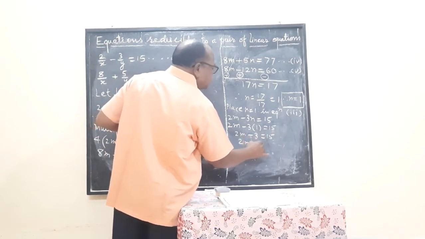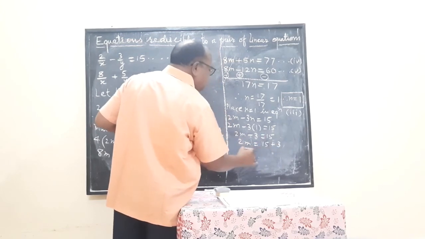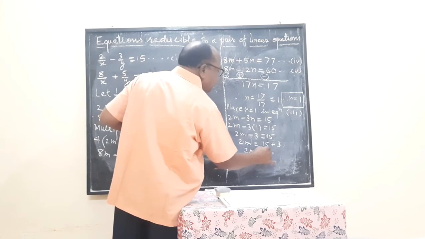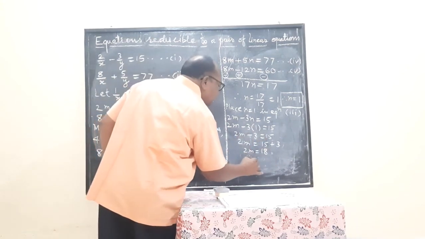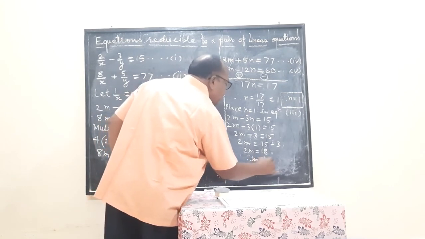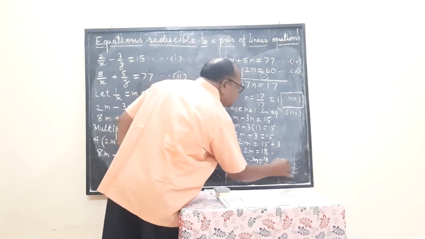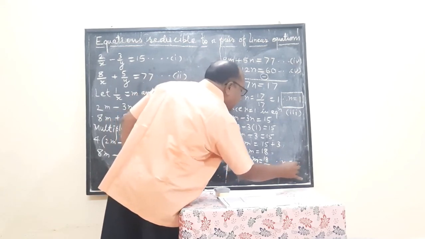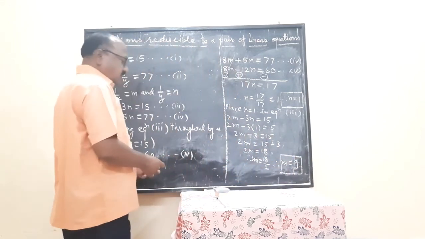Twice m equal to 15 plus 3, twice m equal to 18. Therefore m is equal to 18 upon 2. So in this way you get value of m as 9.